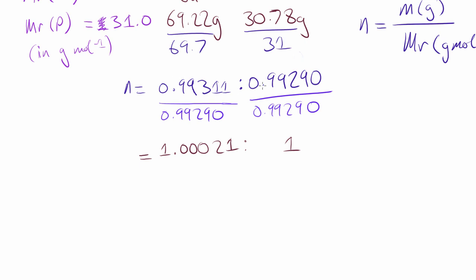Now when we look at both values, in contrast to what we had previously, if we round to 2 decimal places, actually even 3 decimal places, what are we going to get? In the case of the moles corresponding with the gallium, we get 1.00, which is an integer value, a whole number. And on this side we still get 1.